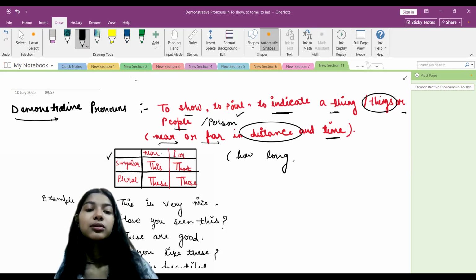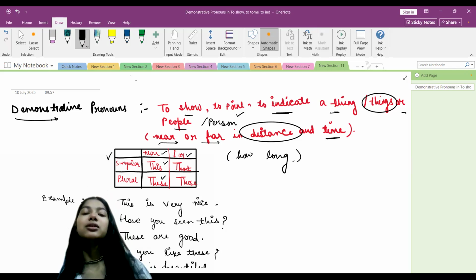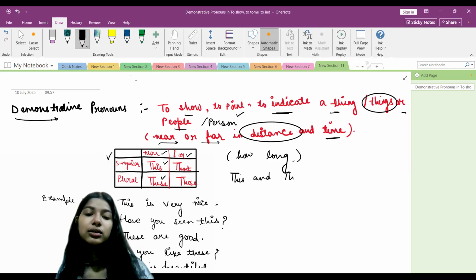Now we are going to learn some types over here. This is near and this is far, meaning this and these are used for near things. Some things are near, so we use this and these when the things are near to us.